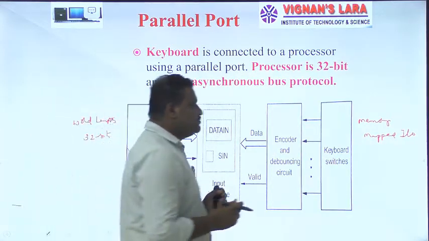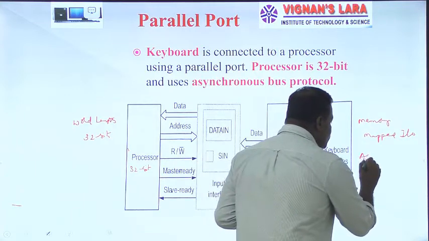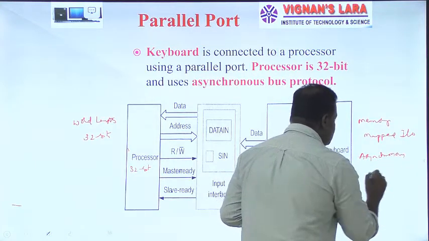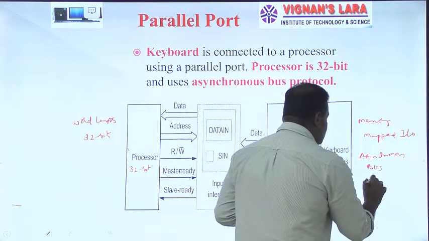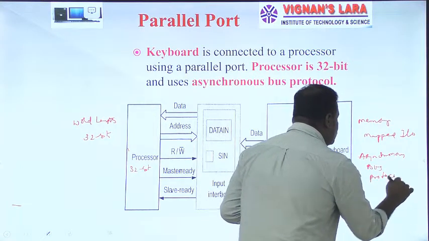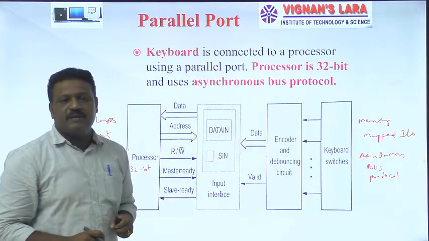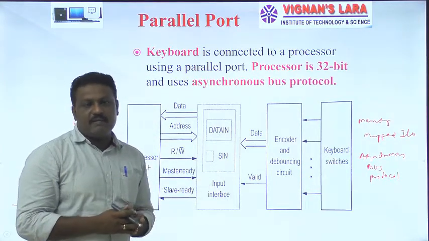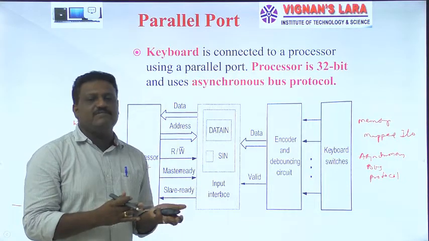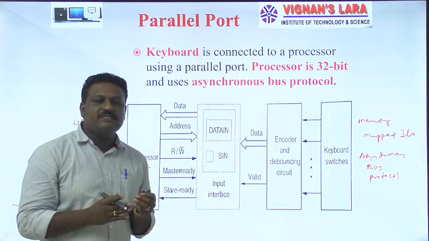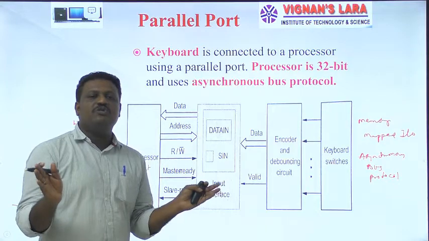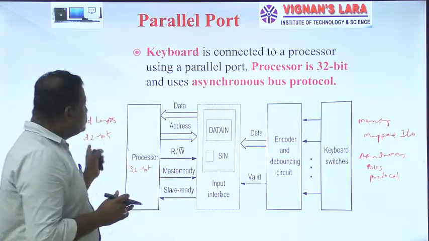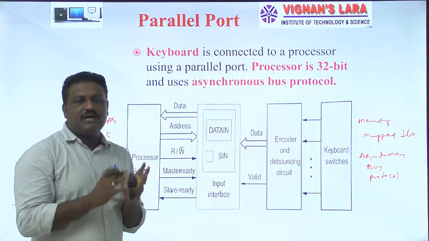Coming to the third assumption, here I am going to use an asynchronous bus protocol. In that case, I use two control signals in communication between an initiator and a target: one is master ready and the second one is slave ready. With the help of these, communication goes on between an initiator and target. So these are three important assumptions I consider.